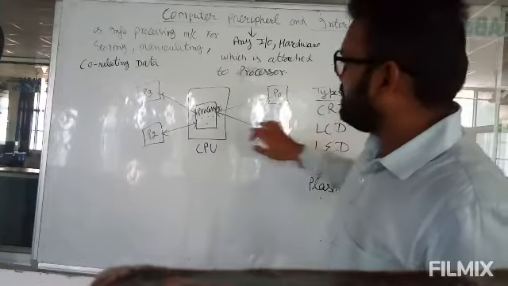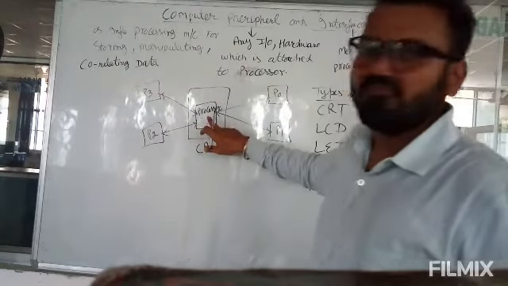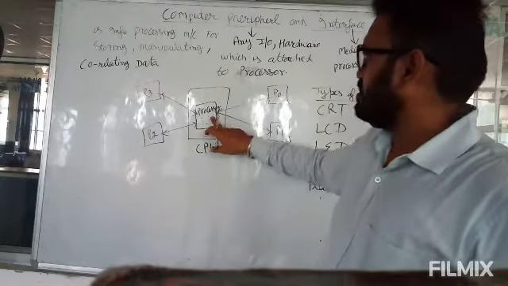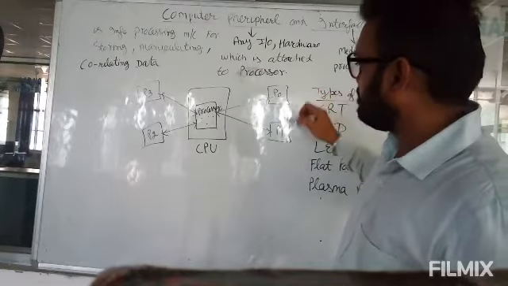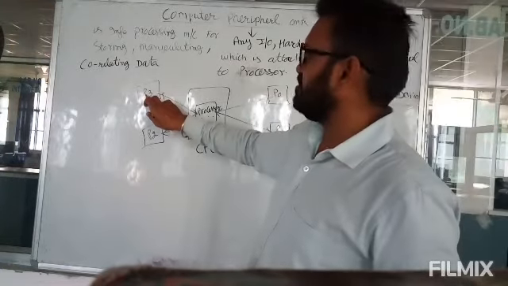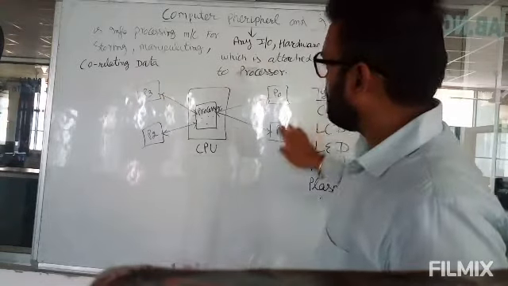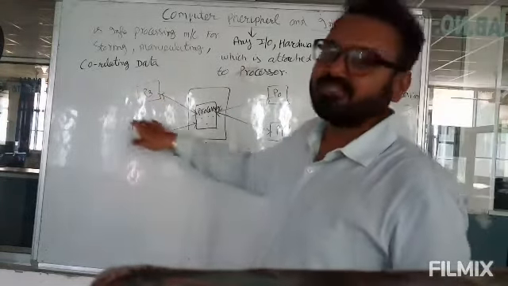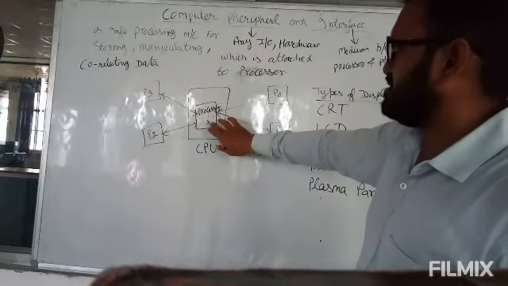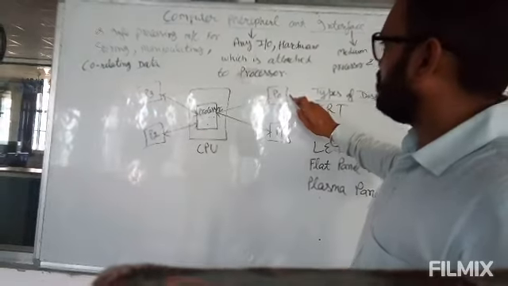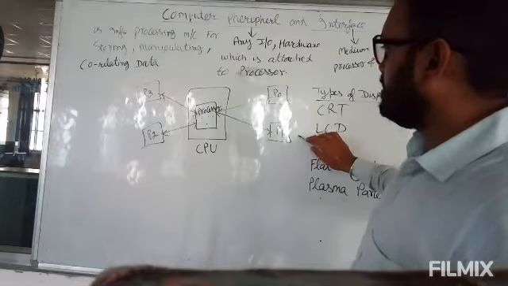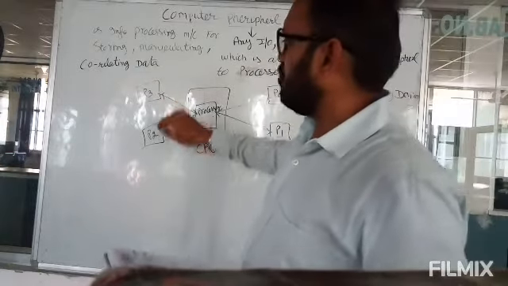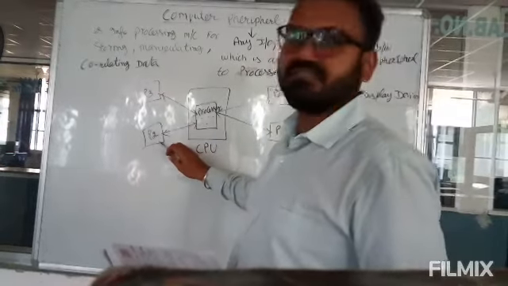All the peripherals are attached with the processor. Suppose this is P0, P1, P2 and P3, 4 peripherals, and these 4 peripherals are attached with the processor. It may be an input device, an output device, any hardware, or a storage device.